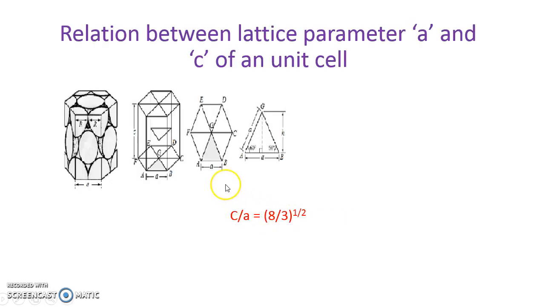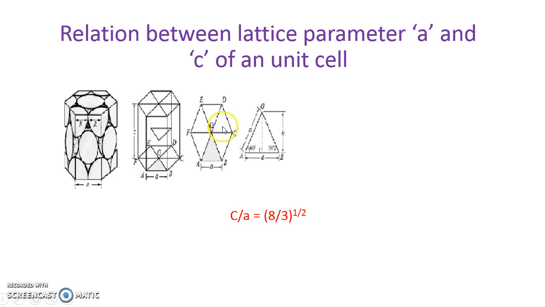Further, the second parameter we will study here is the relation between lattice parameters A and C of a unit cell. We have already observed that the edge of the hexagon we have treated as A, and height of the cell we have considered as C. So here we have the picture indicating one hexagonal base. From this hexagonal base we are observing 6 equilateral triangles.